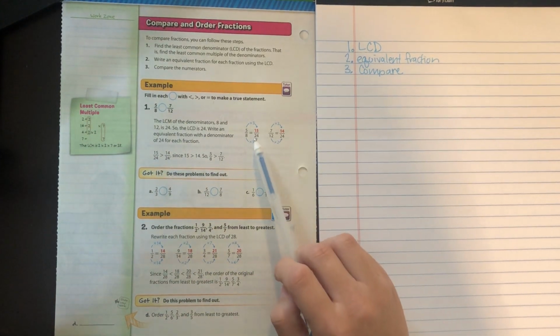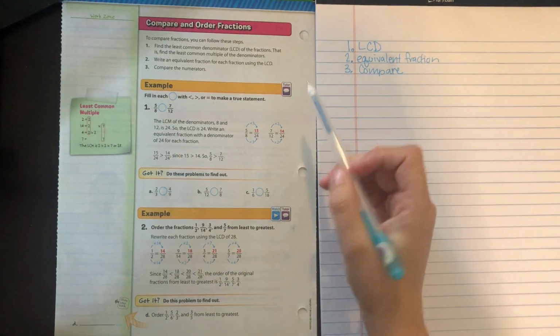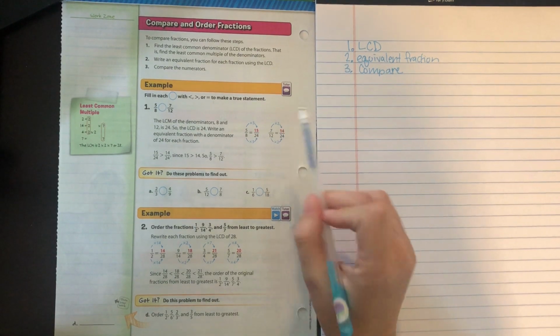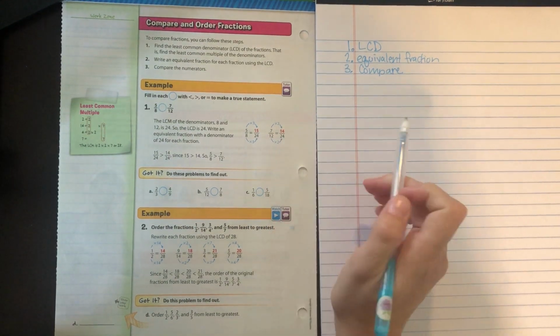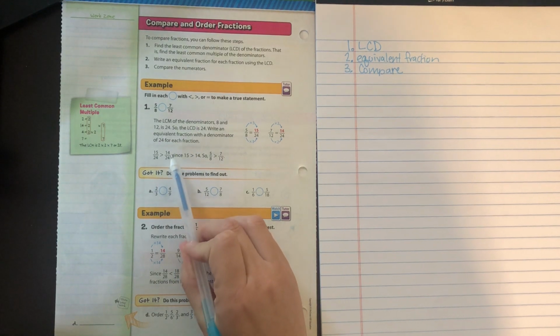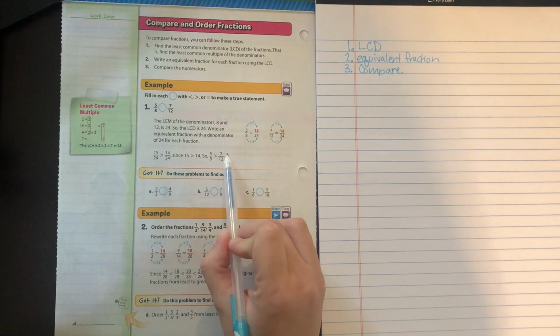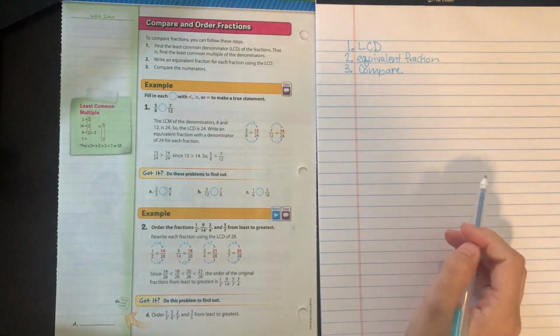So that gives us 15/24 and 14/24. We can look at those and compare the numerators, and we see that 15 is greater than 14. So that means that 15/24 is greater than 14/24, which also means that 5/8 is greater than 7/12.